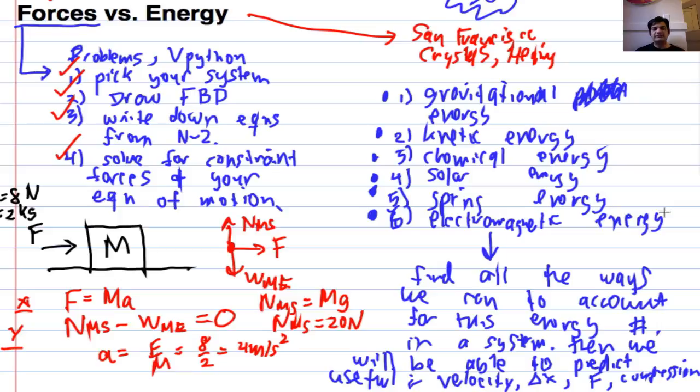It's really interesting. We have this weird new abstract approach that is absolutely opposed to this forces approach. Totally different from forces, where we look at all these causes and what happens and why. With energy, we say, well, we're not sure what energy is, but there's this number that seems to just exist in the universe. And it takes on all these different forms: gravitational, kinetic, chemical, solar, spring, and a host of others.